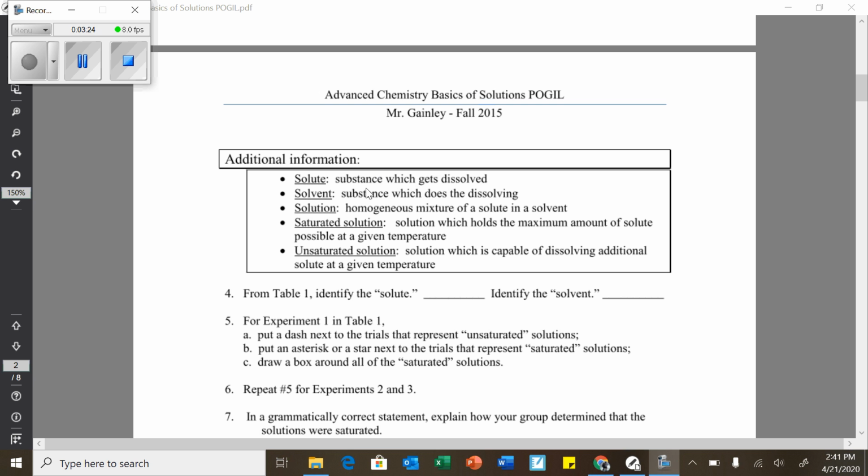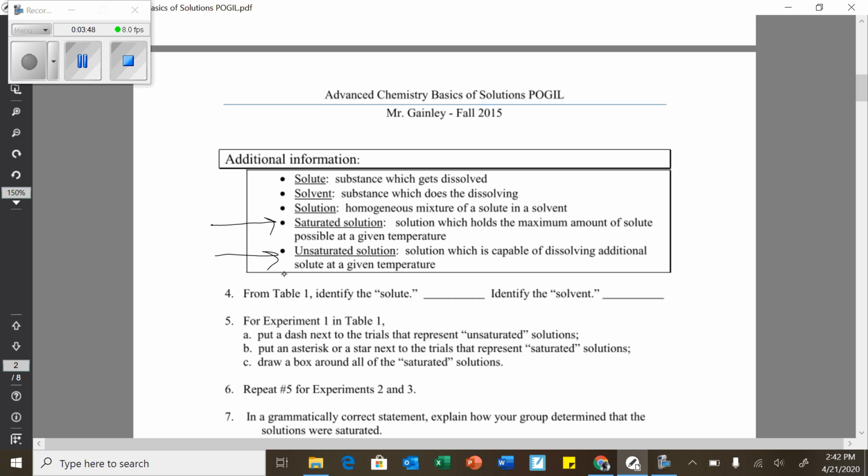Okay, after number 3, it's giving us some definitions, and I think you guys know most of these from the previous lecture that I gave you guys. The 2 that I want you to pay particular attention to is this term saturation. What does saturation mean? What does it mean to be saturated, and what does it mean to be unsaturated?